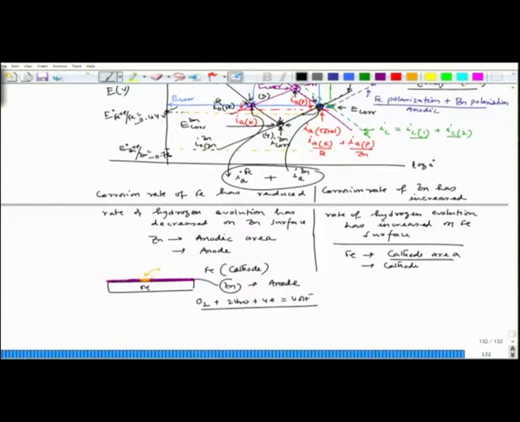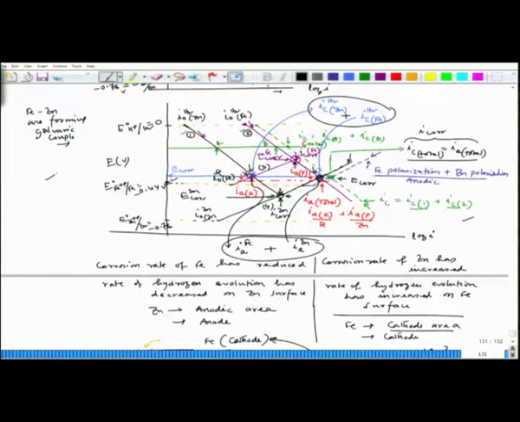Since the environment is nearly neutral, this reaction would take place on the cathode, since iron acts as cathode, and the anodic reaction would take place on zinc. So, zinc dissolves and iron is protected because of this mechanism, and that mechanism can be easily understood from this diagram, which is the Evans diagram for the combined situation.